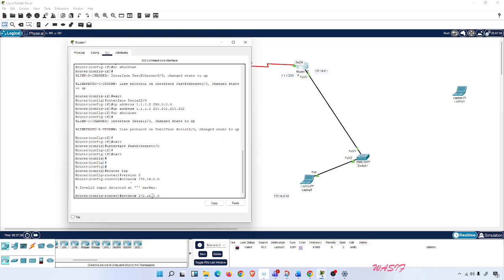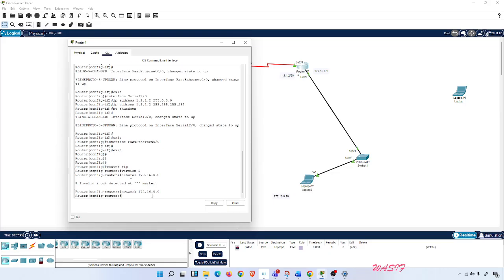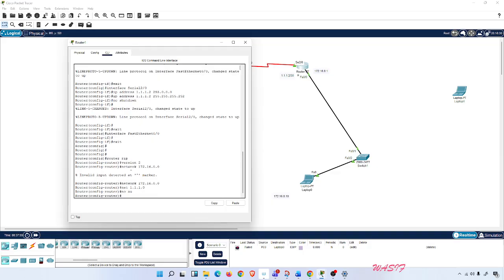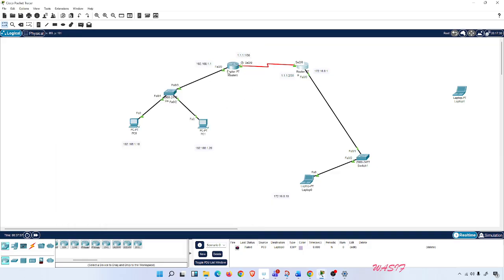Made a mistake here. And also network, I can write the shortcut, no auto summary. Now once I have configured, give some time.